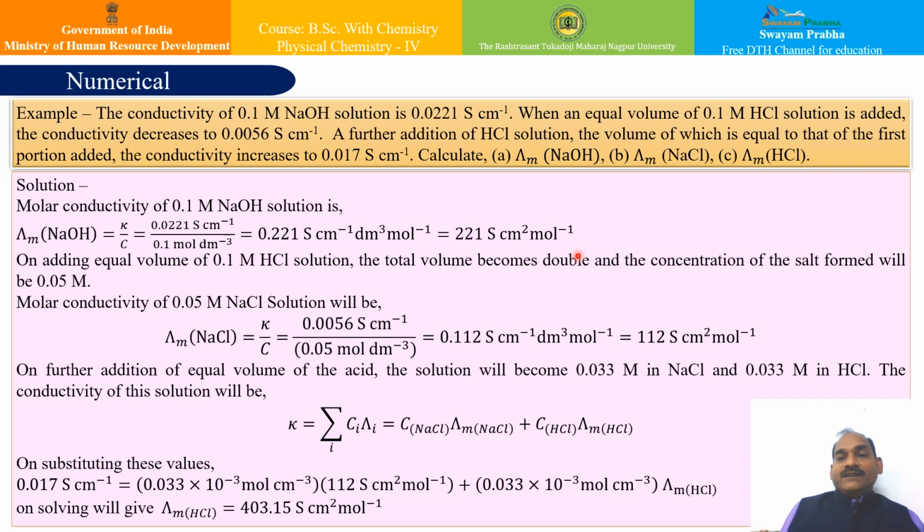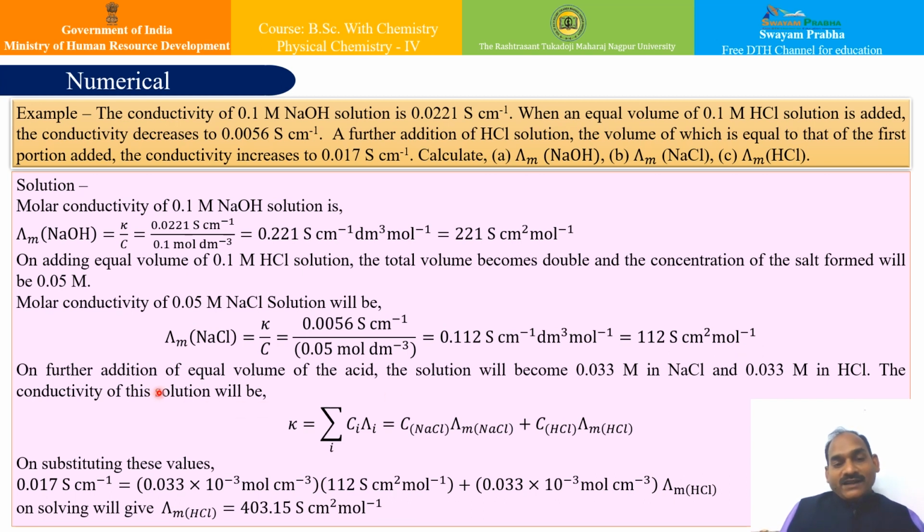Now, on adding an equal volume of 0.1 molar HCl solution, the total volume becomes double, and the concentration of the salt formed will be 0.05 molar. The molar conductivity of 0.05 molar NaCl solution is kappa upon C, which is 0.0056 Siemens per centimeter upon 0.05 moles per dm cube. If I substitute, I get 112 Siemens centimeter square per mole.